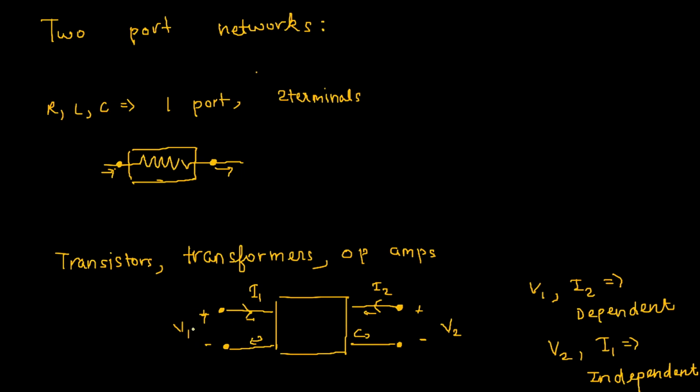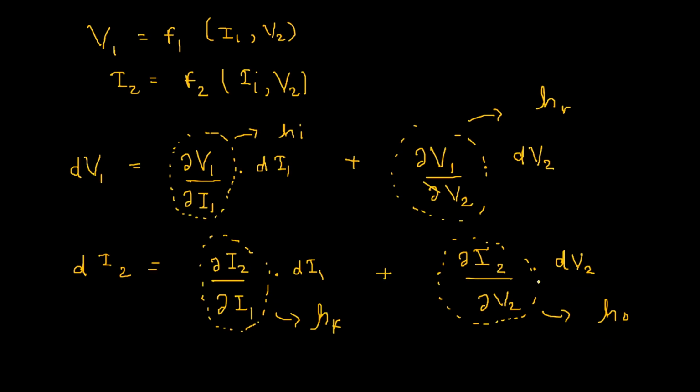And in a two-port network, one side of the voltage and the other side of the current are dependent quantities, and the other two quantities are independent. So here V2 and I1, let's assume they are the independent quantities, and your V1 and I2 depend on these two quantities. So like I said, V1 and I2 are dependent on I1 and V2.